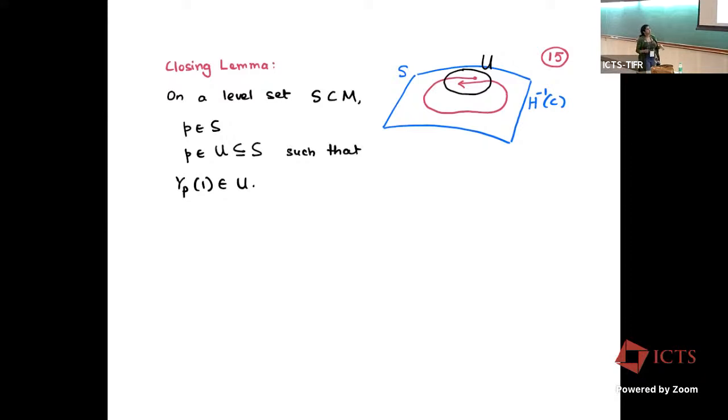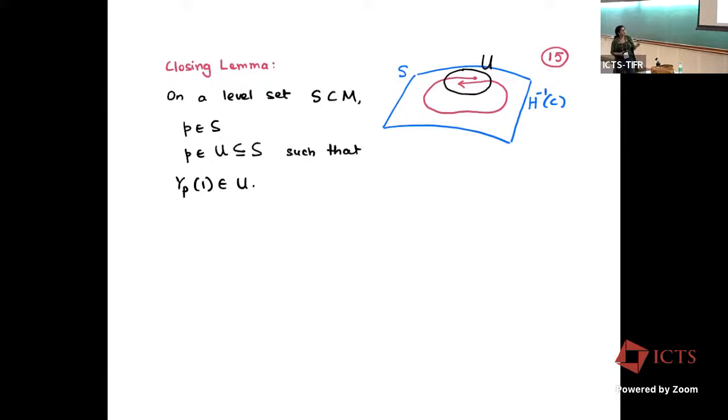Okay, the near to it we'll quantify by this U, which is some open set where the point P started from, and after time 1 it came back into the same U. Okay, now given this setup, you're like, are there some close by points which actually come back to the starting point? Are there close by points which actually close up the orbit?